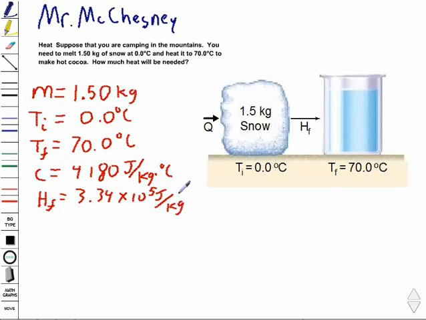So what don't I know right now? Well, I don't know how much heat it's going to require to melt the ice. So that's one of my unknowns. I don't know how much heat it's going to require to get it into the liquid phase and get it up to temperature.